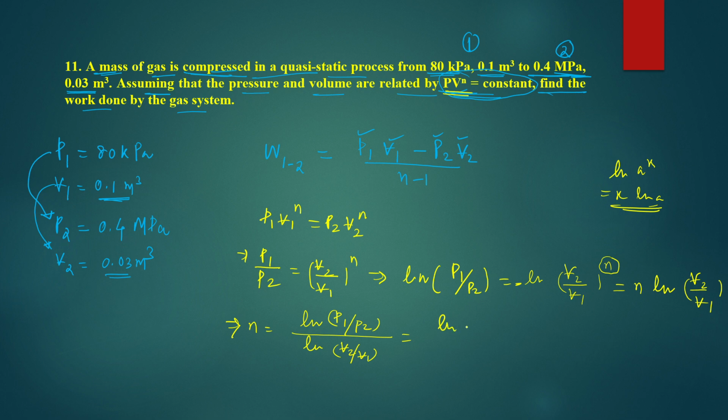So let us do that. For ln P1 by P2, that simply means 80. Obviously here it is in terms of kilopascal, so we have to convert at least to one unit, right? So let us convert this into kilopascal.